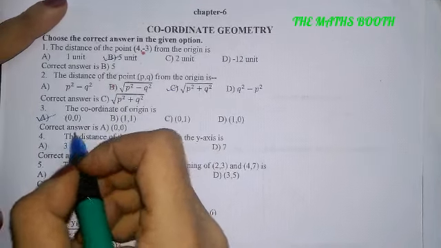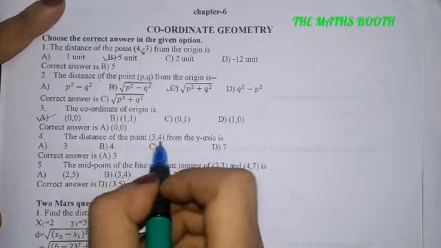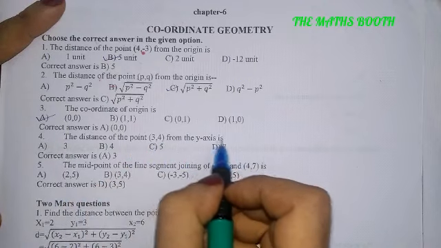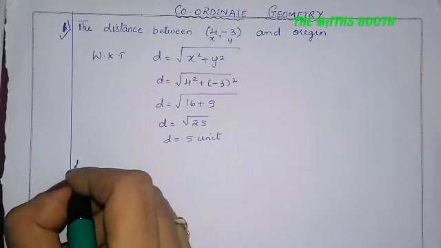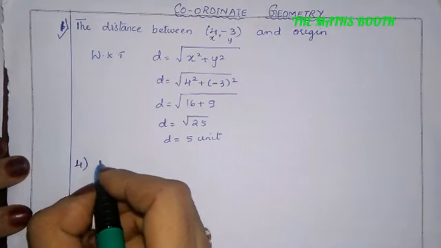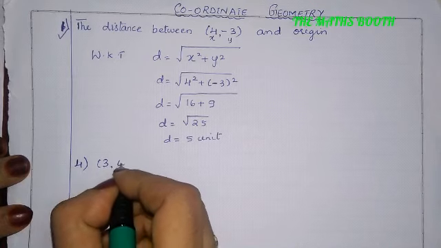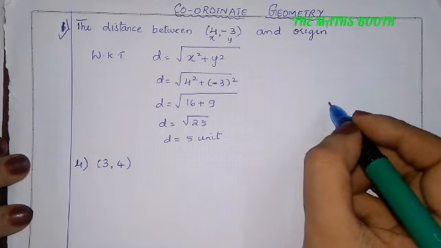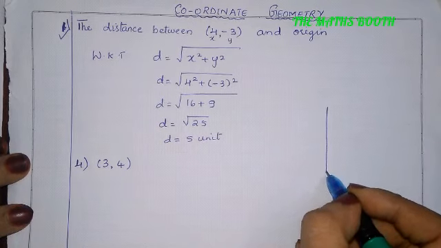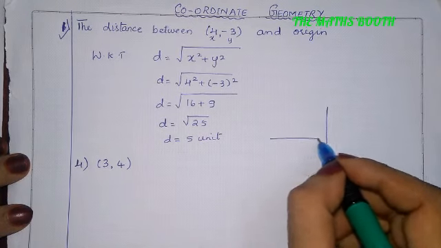Next question, the distance of the point 3, 4 from y axis is. Okay, let me see this fourth question. Let me show here. This is your y axis and this is x axis.